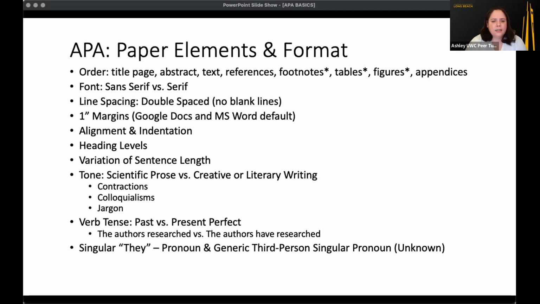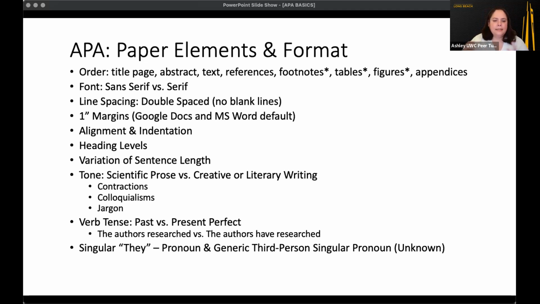Font is usually Times New Roman, you can't go wrong with that. Make sure it's double spaced, no blank lines, 1-inch margin. That's pretty easy because Google Docs and MS Word often have those as defaults. There are particular instances of alignment and indentation, and there are heading levels.